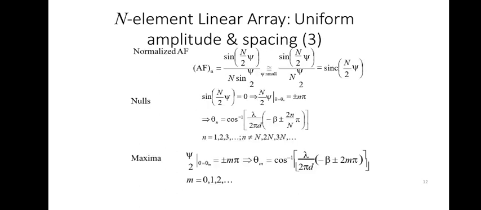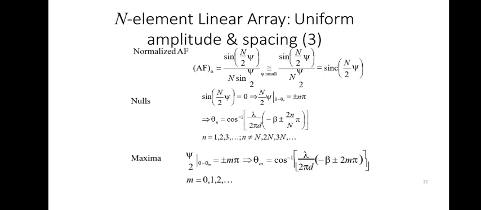Now for the N element array with uniform amplitude and spacing, we get this sinc function, N sin(N psi by 2) by psi, by continuity. For the nulls, sin(N psi by 2) equals 0, so N psi by 2 equals plus or minus n pi, where theta equals theta n.